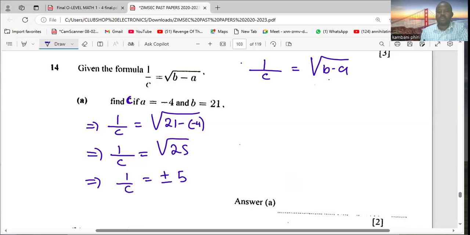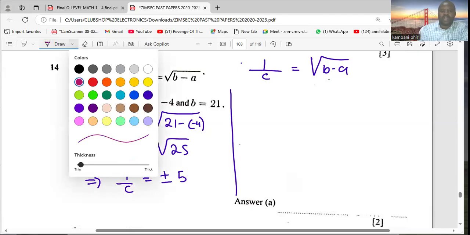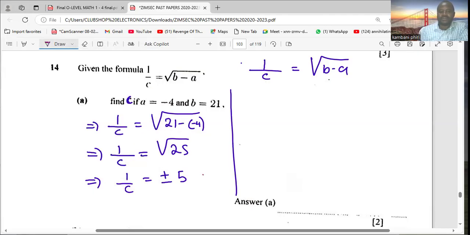Okay, so basically that's it. From here you can just conclude and say, all right, you can multiply both sides of the equation by C if you want, so that this C and this one will divide. So we have 1 is equal to plus or minus 5C.